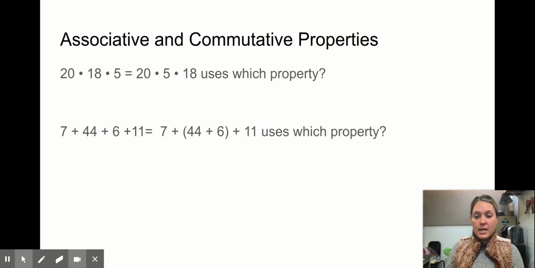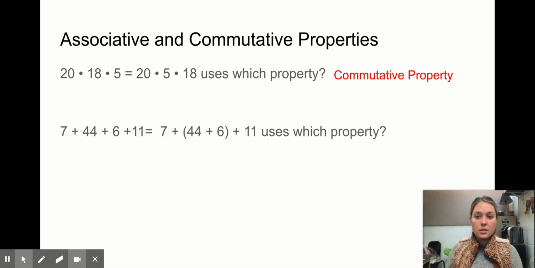Final objective, the associative and the commutative properties. So which property does that first example represent? They use the commutative property. Remember, the C and the O in commutative property, think about that as changing the order. So we can change the order of multiplication and addition problems without changing the answer.